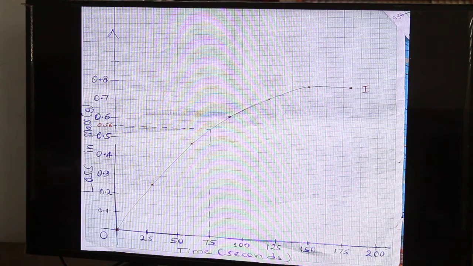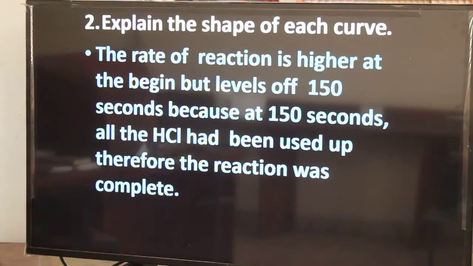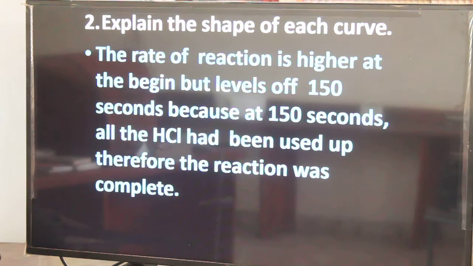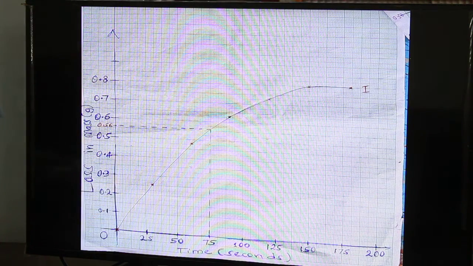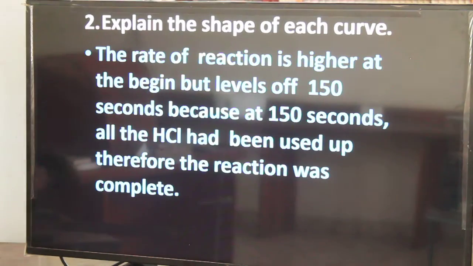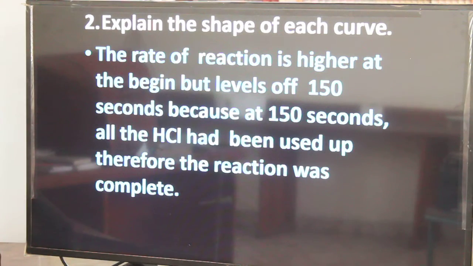So from there we can say that the rate of the reaction is higher at the beginning. So at the beginning, the rate of the reaction is high, but levels off at 150 seconds. So at 150 seconds, the rate of the reaction levels out, meaning the reaction remains constant.